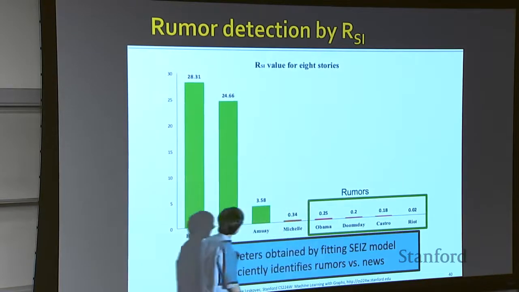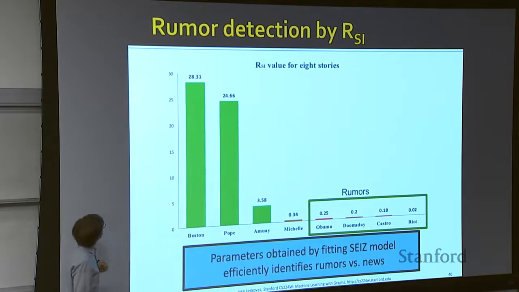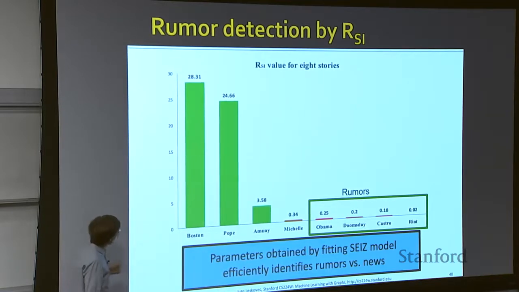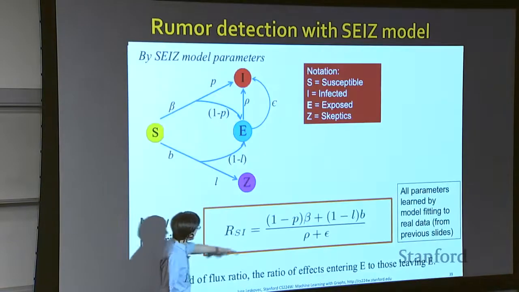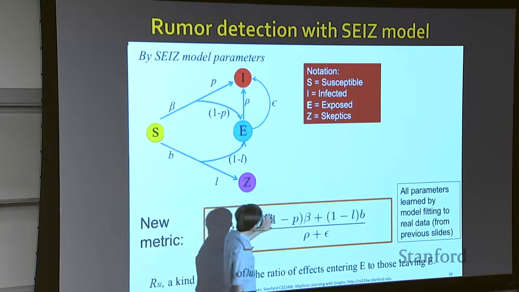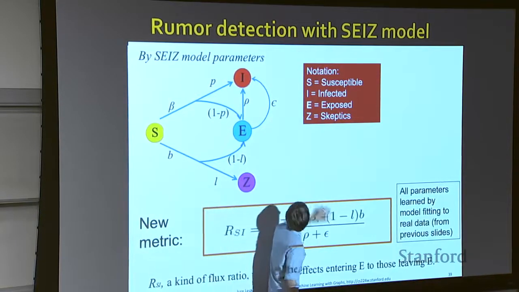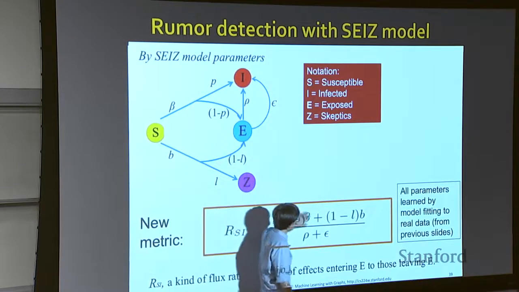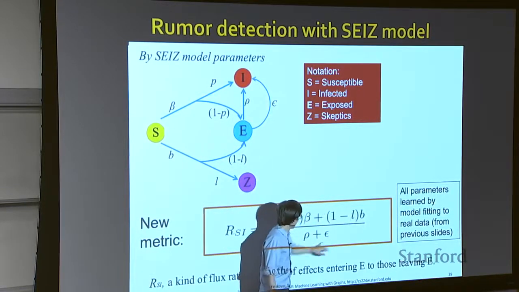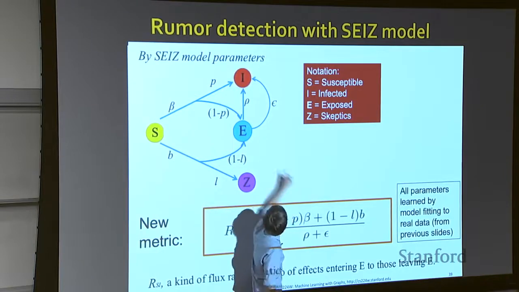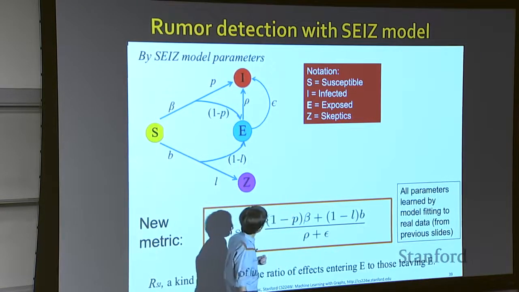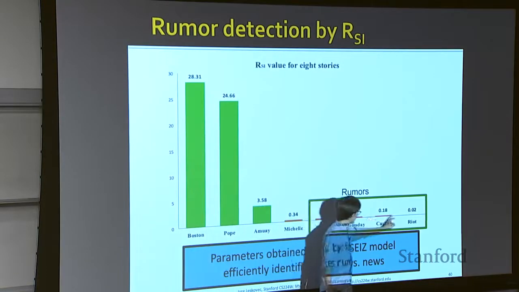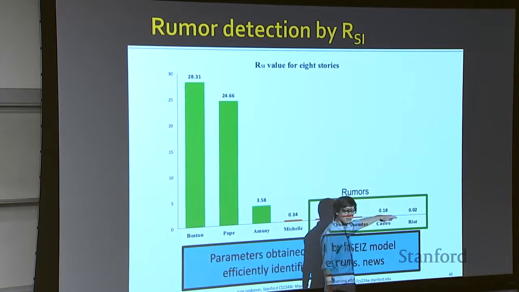So what does this mean? It means that for real events, this ratio is greater than 1. So the number of people who get to the exposed bucket is far greater than the number of people getting into the infected, who are retweeting. While for fake stories, they find this ratio to be low.